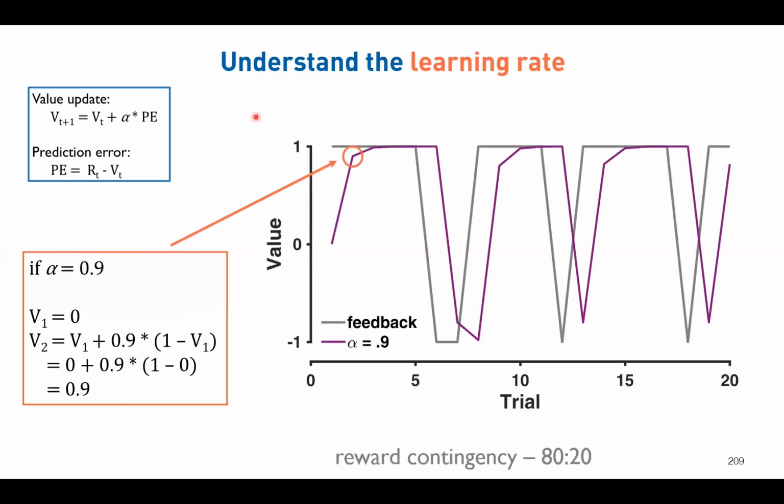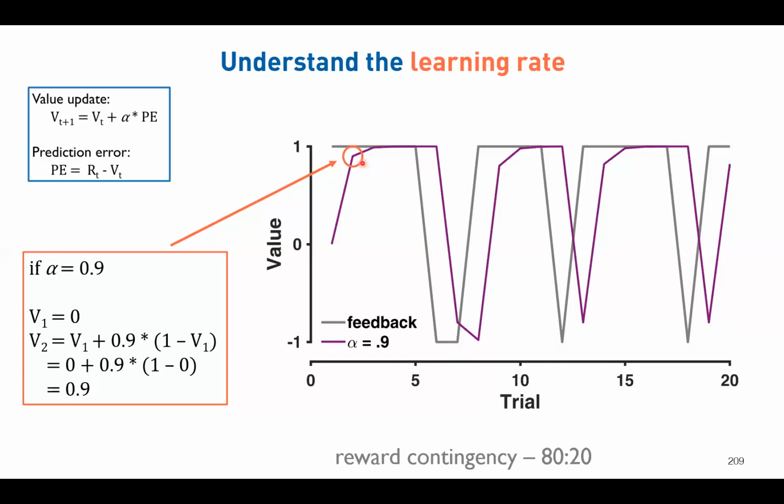Here in gray color is the actual feedback to the participants. The participants receive multiple wins, 5 wins in the beginning. Then the participant receives two punishments or losses, followed by a few more rewards and one punishment. This is the actual feedback we deliver to the participants.